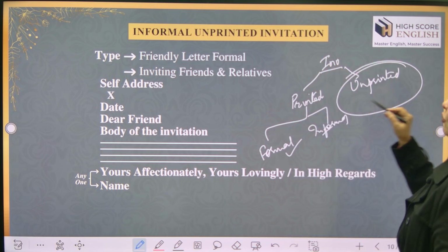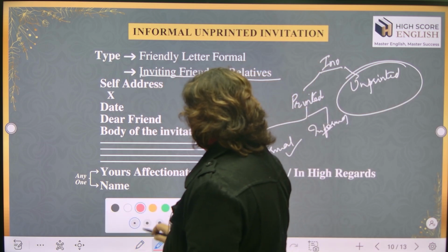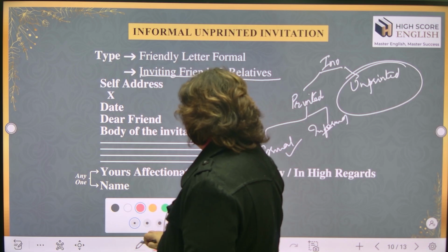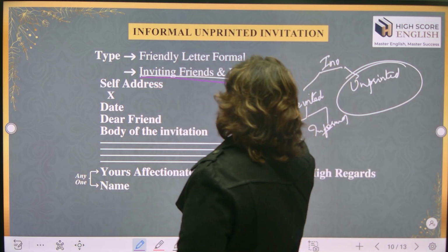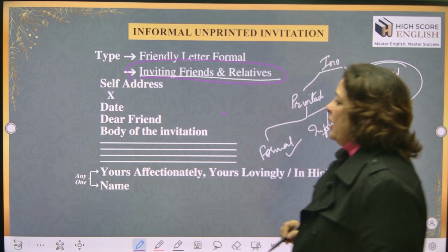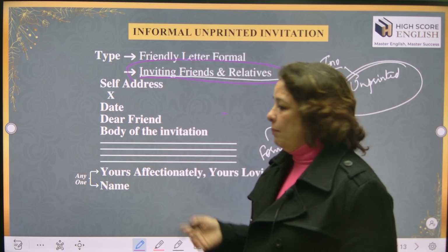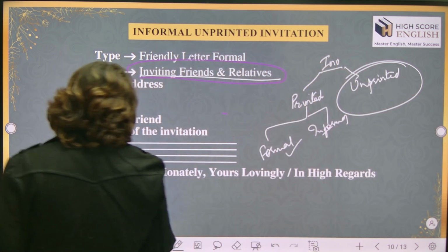Unprinted invitation is for friends and relatives. You just write a friendly letter. I'm not going to waste much time on this because it's a friendly letter which rarely comes in exams, okay? And if luck favors you, it will come. It is done when you write to friends, inviting them for a birthday party.